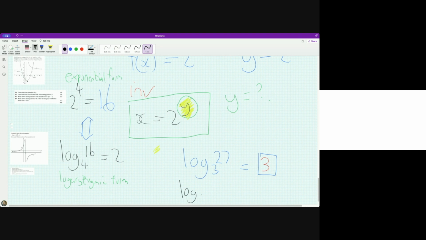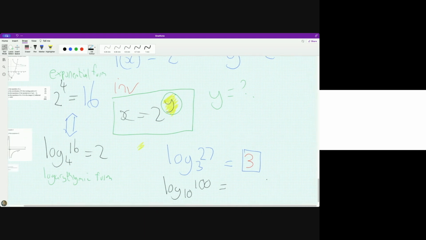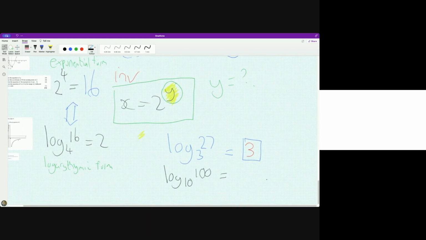Okay, what if I said to you, what is the log of 100 to the base 10? What do you think that value is going to be? So in your calculator, I think you are going to get 2.